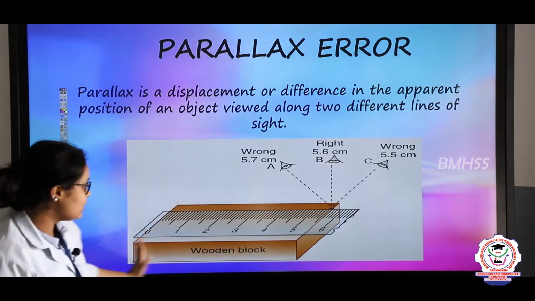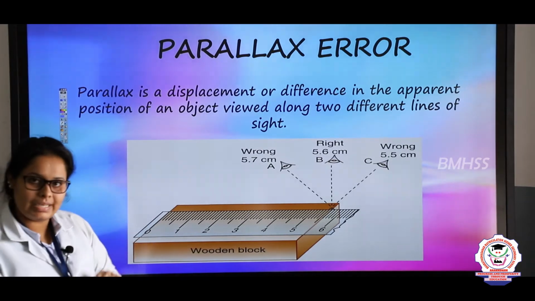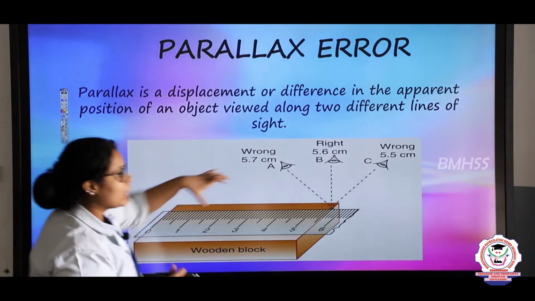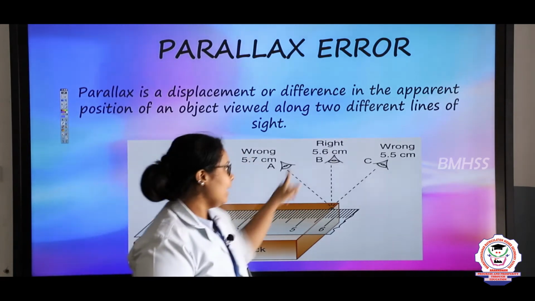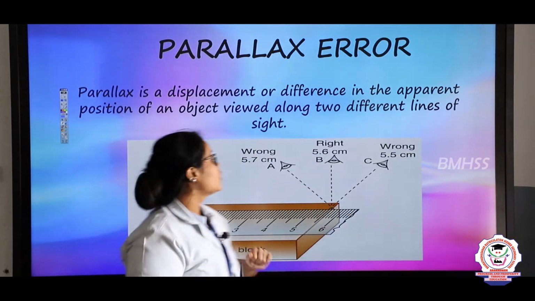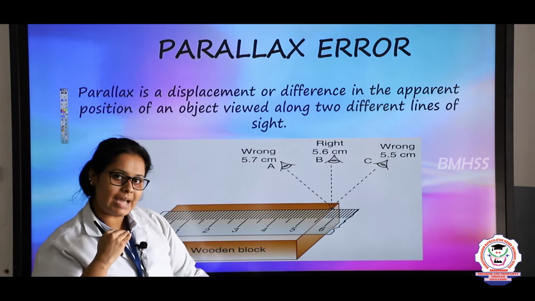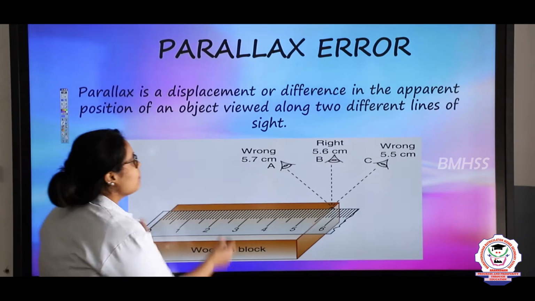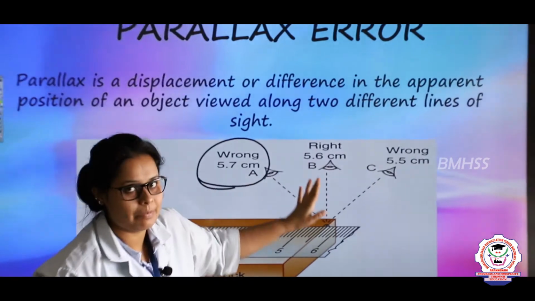Here you can see there is a wooden block. Above that I have kept a centimeter scale. I need to find the length of my wooden block. There are 3 people, person A, B and C. When person A views from an opposite direction, that is, not the perpendicular direction, he will mark the scale as 5.7 centimeter.